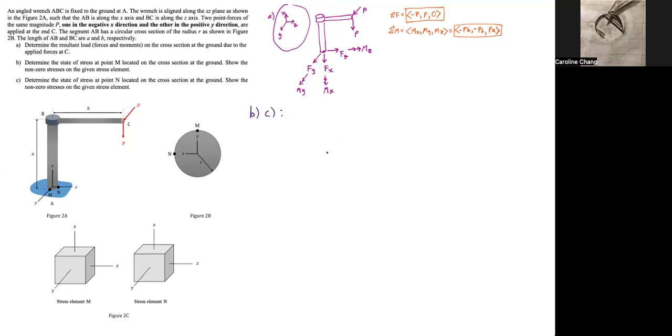In general, when they want you to determine the state of stress at point M located at the cross section at the ground, and at point N, they want you to first come up with a table to organize your thoughts better. It is advised to write down all the possible forces, even if they are zero at that location. So that's what we're going to do.